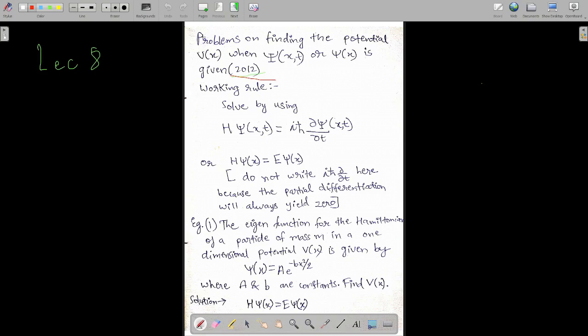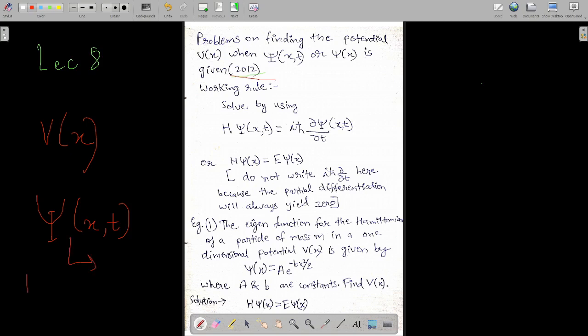Problems on finding the potential V of x when psi of x comma t or psi of x is given. We have to find the potential function V of x when capital psi of x, t is given. Capital psi of x, t means the time dependent wave function.